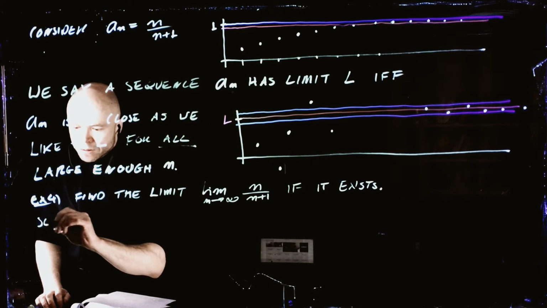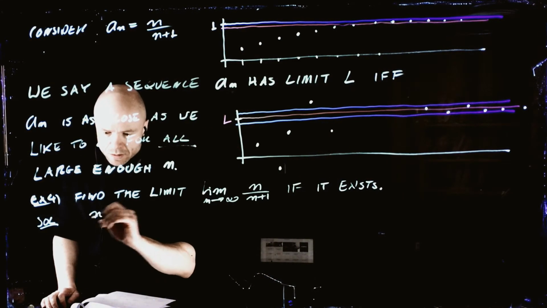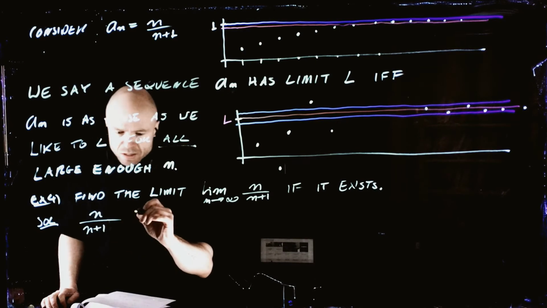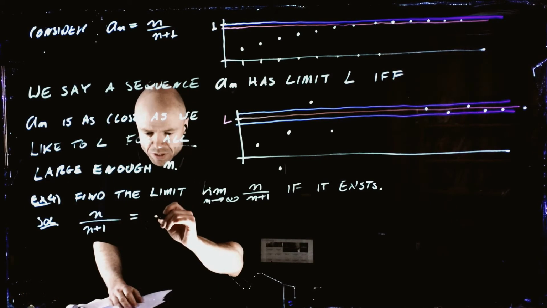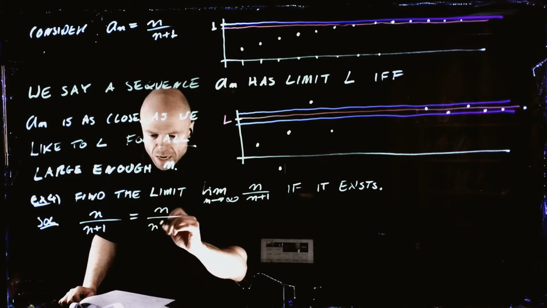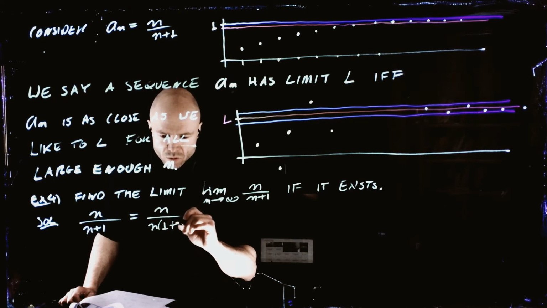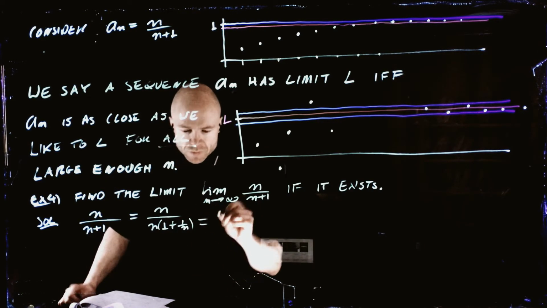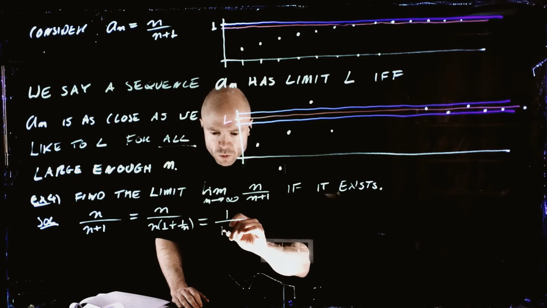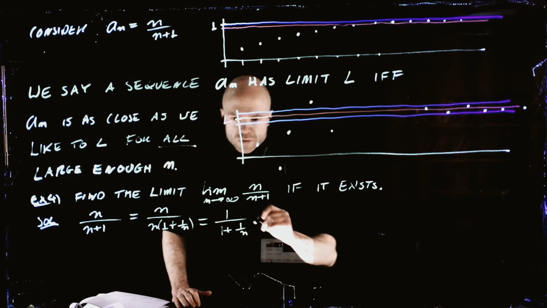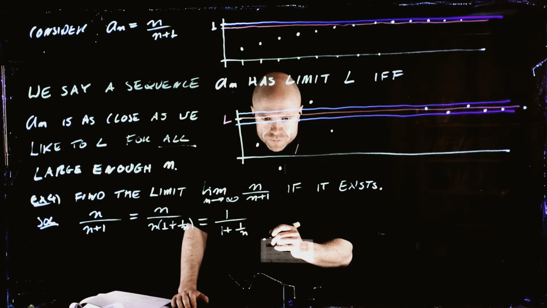So, solution. If we look at this n over n plus 1, let's factor n from top and bottom. So we got n over n times (1 plus 1 over n). The n's cancel, we have 1 over (1 plus 1 over n) like this. Yeah?